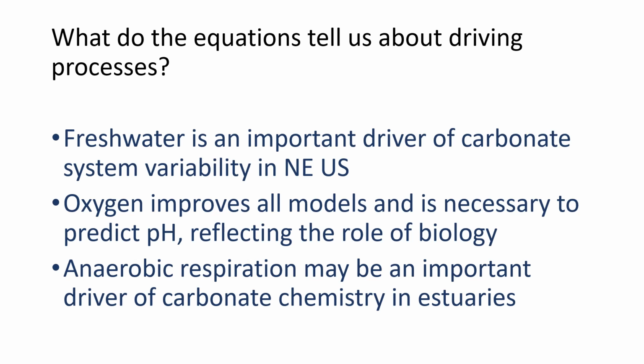So we were able to look at the equation coefficients and determine which predictors are most important for estimating each variable. And the main points that came out of that was that freshwater is an important driver of carbonate chemistry specific to this region, that oxygen improves all models and it's really necessary for predicting pH, and that anaerobic respiration may be an important driver of carbonate chemistry in estuaries.